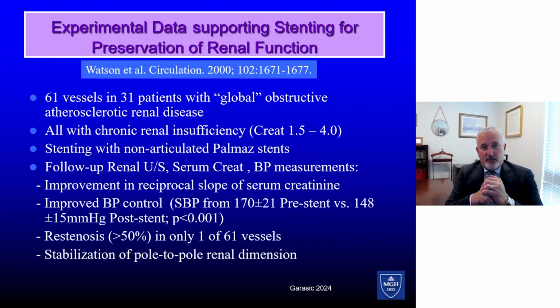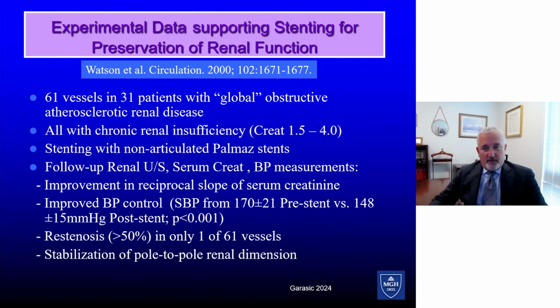They had significant renal impairment in many cases, and they were treated with balloon angioplasty and stenting, which was a fairly contemporary group of patients receiving a contemporary intervention. So fairly real world. And what they found was that blood pressure improved 170 to 148 post-intervention.